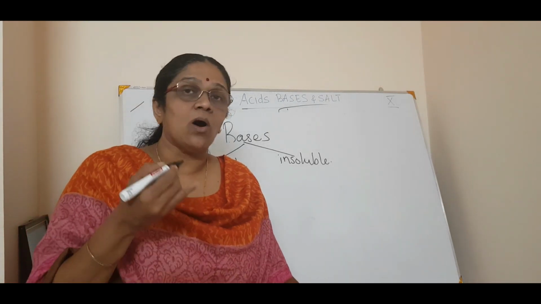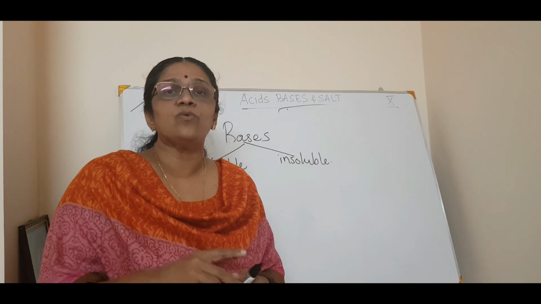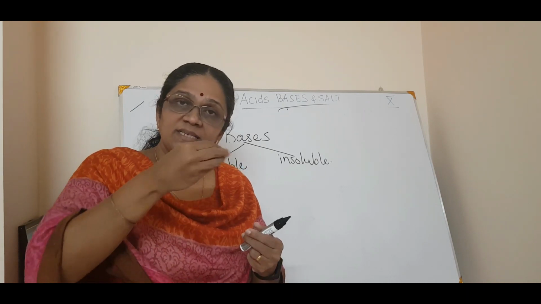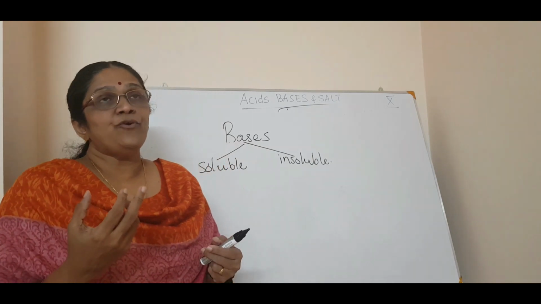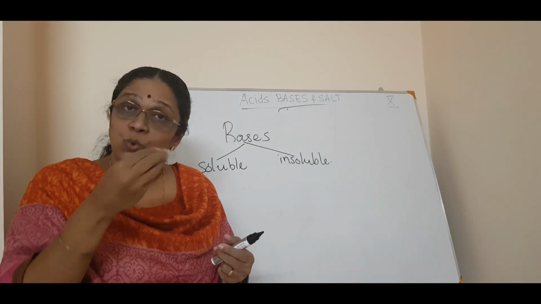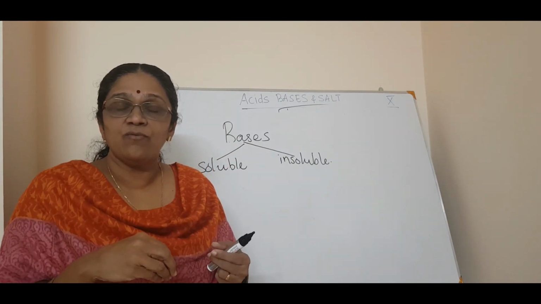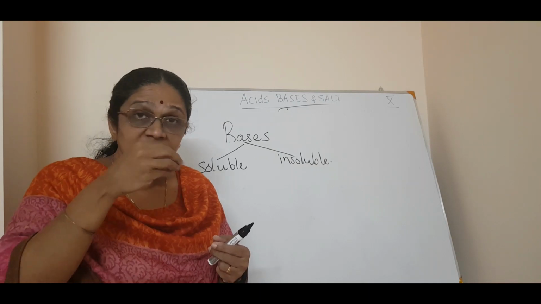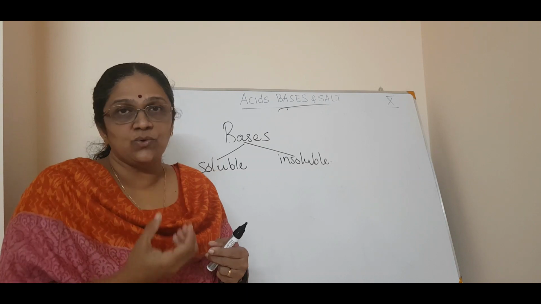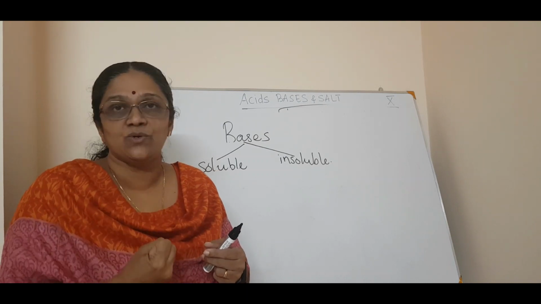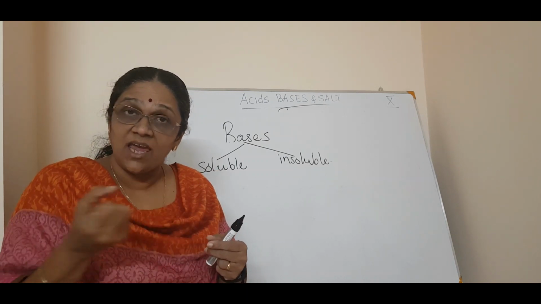Now, what do you mean by soluble base? Soluble means something gets dissolved, isn't it? For example, if you take some water and add sugar to it and stir, what will happen? The sugar gets dissolved in it, which means the final solution is a single solution, or I can say a homogeneous solution, correct? The concentration is the same throughout.